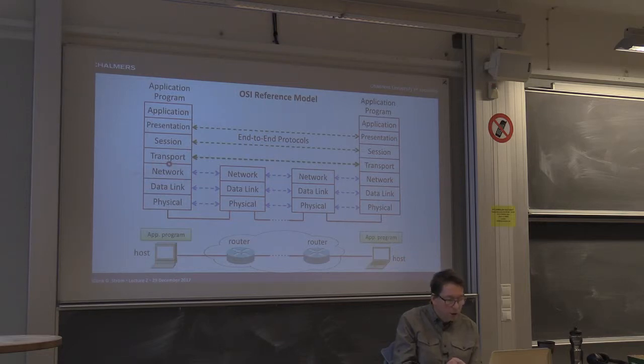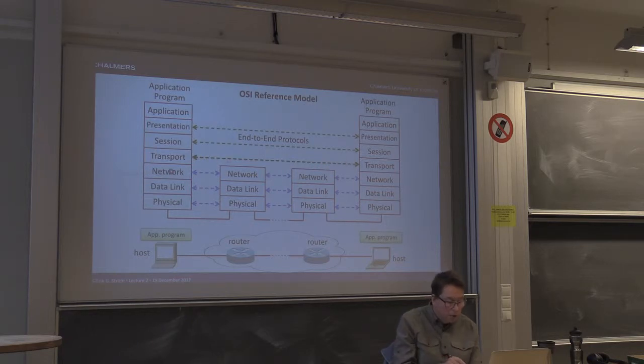So the transport layer, if one looks from a protocol point of view, there is an entity running in the transport layer at the host, and there is another entity at that host, and these are directly communicating with each other. The network layer is indirect, but here there is really end-to-end.